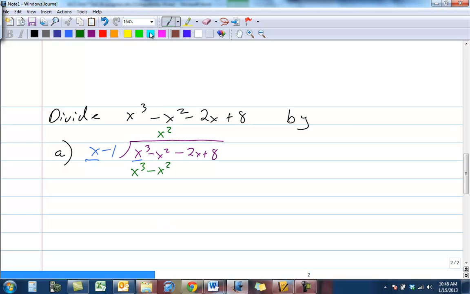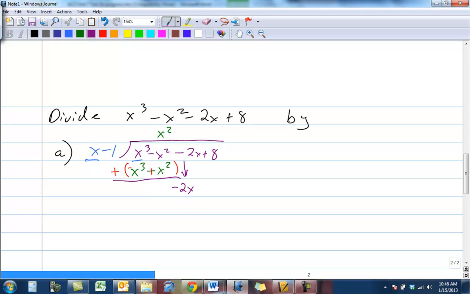Now, when we subtract this, remember, add the opposite. The x cubes cancel, but check this out. Even the x squareds cancel. So, next thing we need to do is bring down our negative 2x.